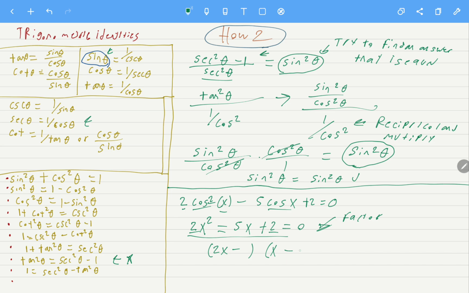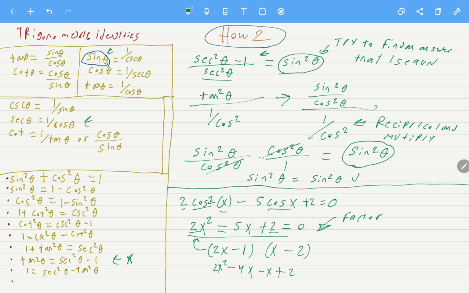And we have our last variable, which is 2. Now we need to guess and check to see what factors to this. So I'm assuming that it is 1. Wait, let me try this. 2 times 2, 2x squared, minus 4x, and then we got the negative x, and then we got the positive 2.